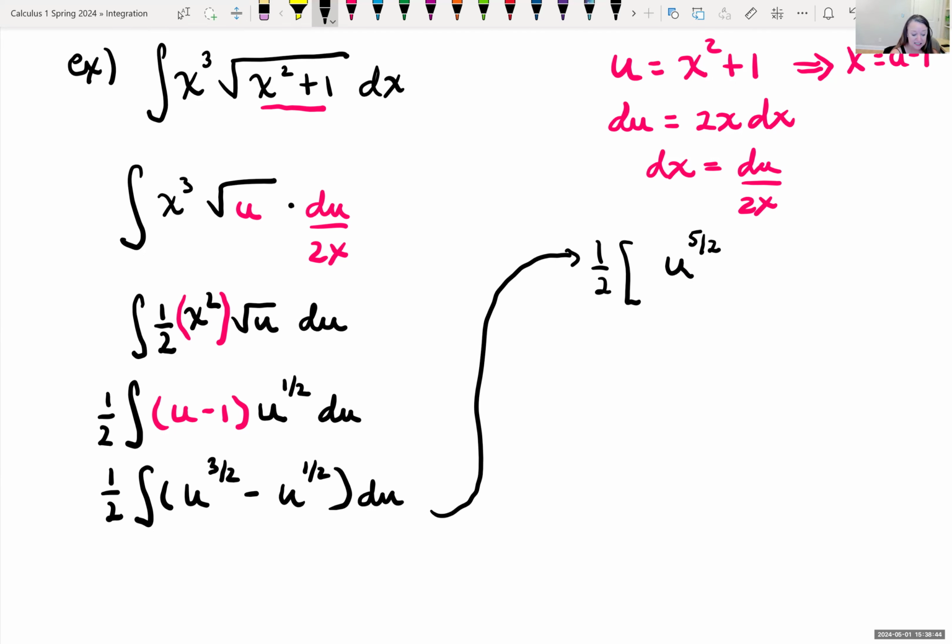Dividing by 5/2 is the same as multiplying by 2/5, the reciprocal. Minus, so adding 1 to my exponent of 1/2, 1/2 plus 2/2 is 3/2. Dividing by 3/2 is the same thing as multiplying by 2/3. And then I'm going to add some constant c.